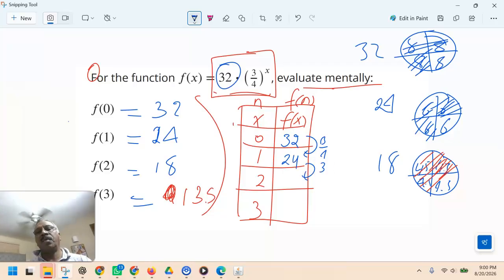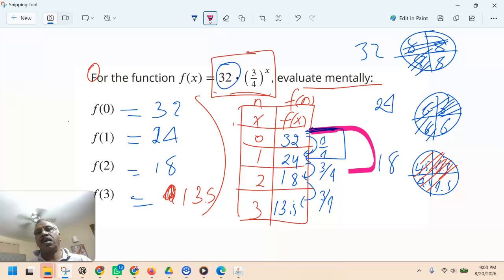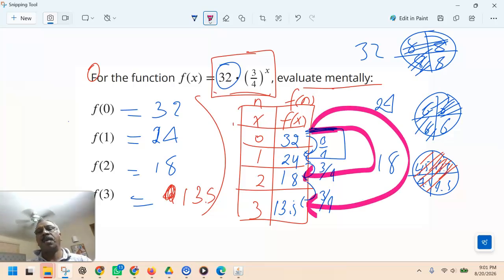So how many 3/4s do you multiply? That's the question here, see? From the beginning, every time you multiply by 3/4, from here to here you do it once, then from here you do 3/4 twice, and then from here over here you do 3 of them. And that's why there is a variable there, x. This x means how many times this 3/4 is multiplied by itself. I only hope it makes sense.